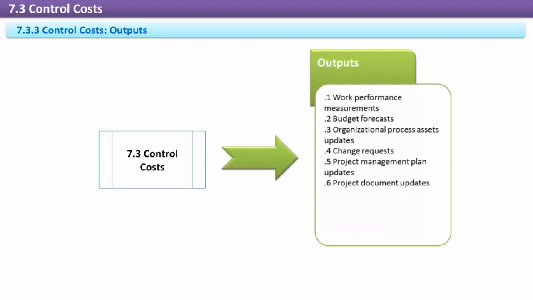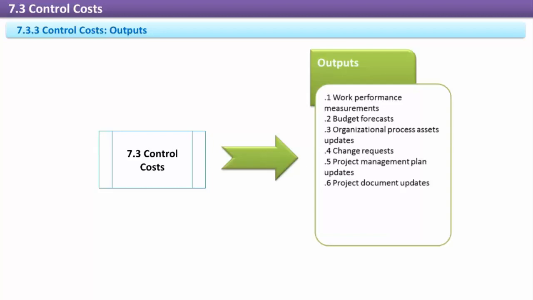Forecasts on the project's expected completion cost and variances are documented and provided to stakeholders throughout the project. Organizational process assets updates. Updates to the organizational or institutional knowledge base occur as part of cost control, including lessons learned, corrective actions taken and the reasons, and the causes of financial variances.